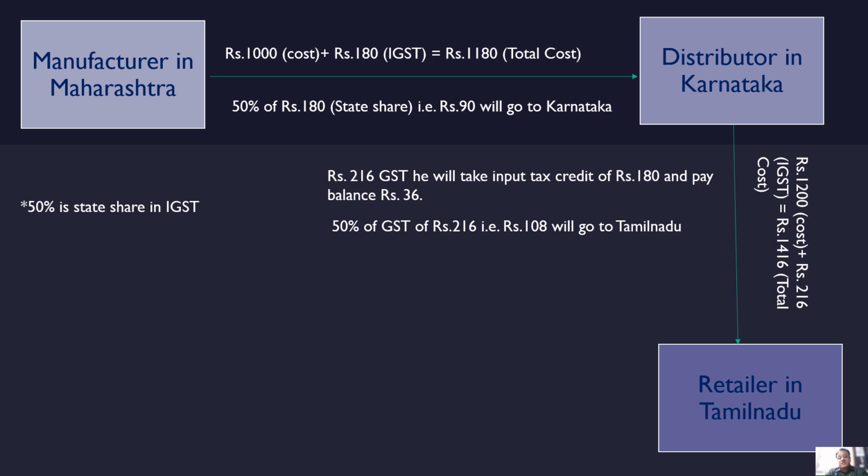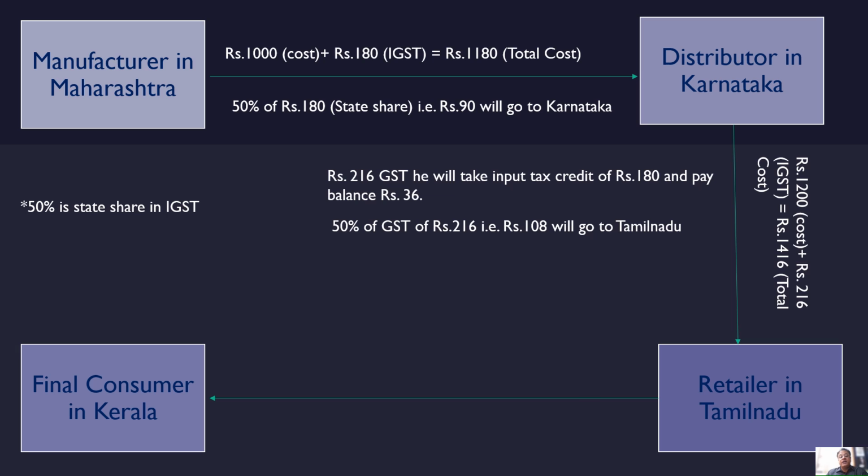So 90 rupees plus 18 rupees, that is 108 rupees, travels in the back end system. So whenever the tax is paid and the goods move, the place of supply now is in Tamil Nadu. So the tax also is shifted from Karnataka to Tamil Nadu in the back end. 108 rupees gets transferred to Tamil Nadu.